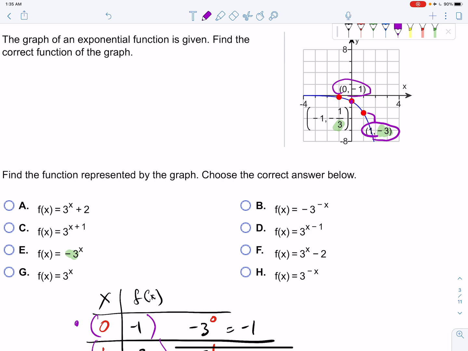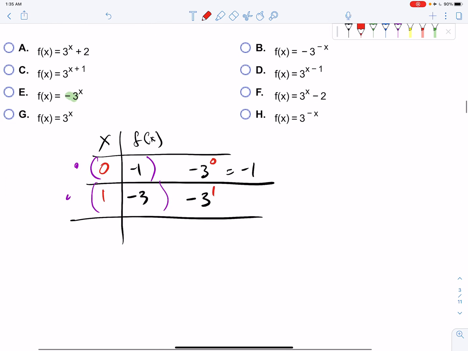We could even check this point right here by putting in a negative 1 for x. We could put a negative 1 in for x and see what negative 3 to the negative first is. Let me make that a little clearer that it's an exponent. Okay, well, what is that? We still have the negative, and we've got 1 over 3, so it's negative 1/3.